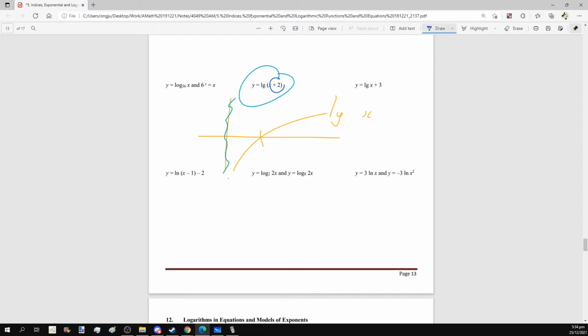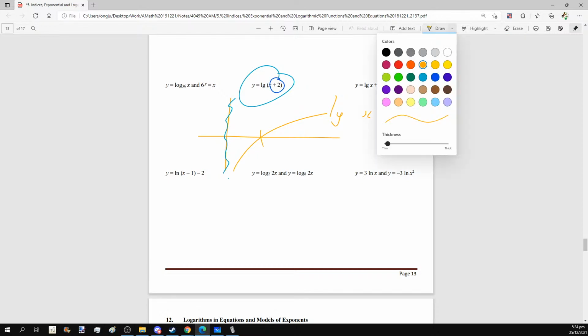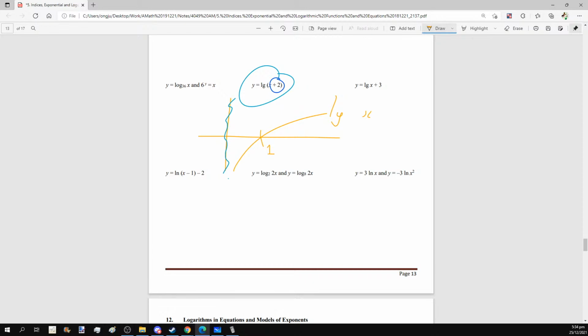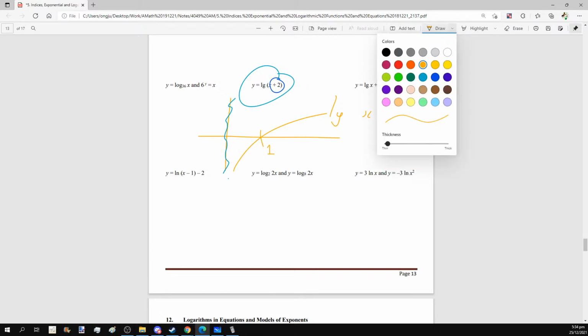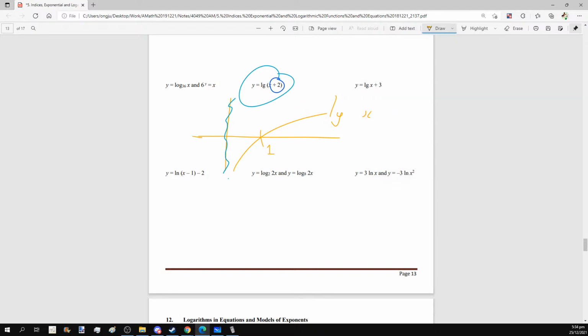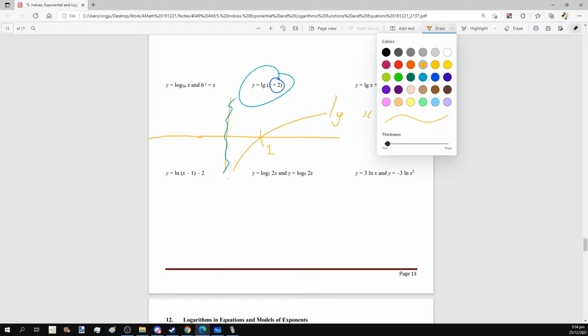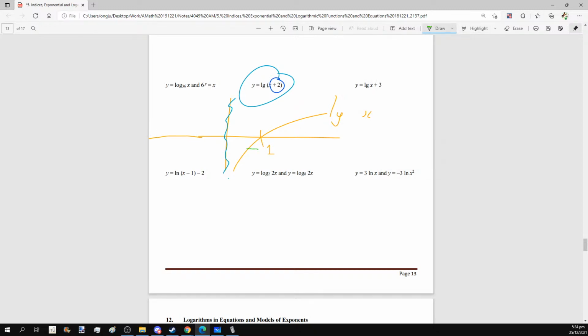In this case, it is +2, right? It is +2. In other words, this algebra already starts off with a free of charge +2. In order to ensure fairness, we must compensate for the +2 by moving everything 2 units behind. In other words, we compensate for the +2 by performing a -2.